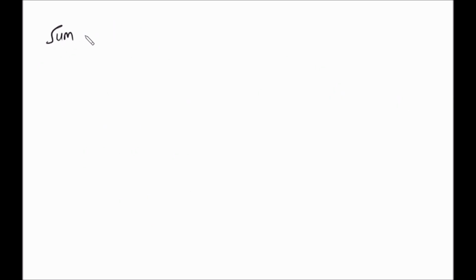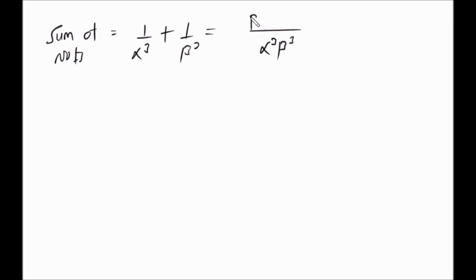So now sum of roots maana itakuwa ni 1 over alpha cube plus 1 over beta cube. So hii itakuwa sasa na LCM hapo ni alpha cube beta cube, plus alpha cube, ambayo hii beta cube plus alpha cube unaweza kuandika pia alpha cube plus beta cube, so over alpha cube beta cube.